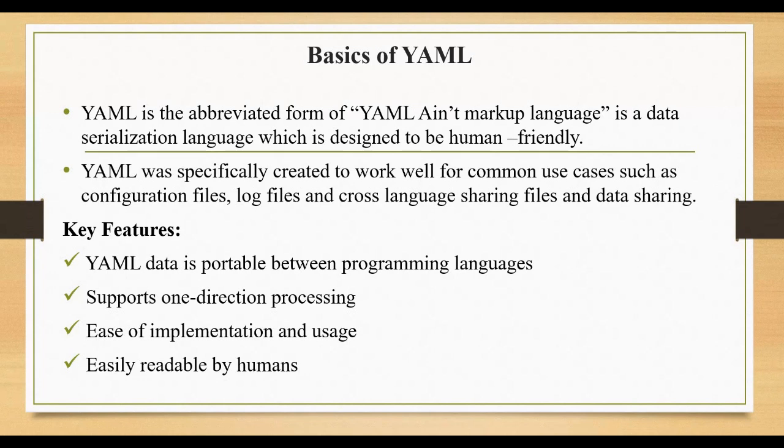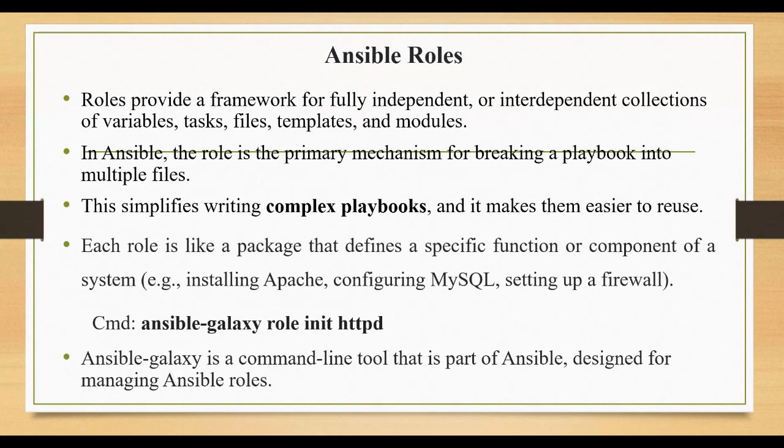The key features of YAML are: data is portable between programming languages, it supports one-directional processing, it's easy to implement and use, easily readable by humans, and it uses indentation and flexible structures. These are the YAML basics.